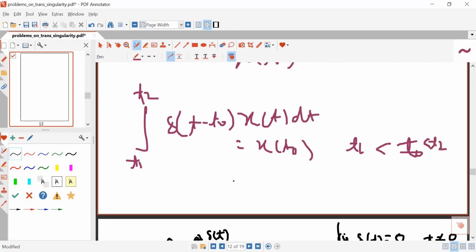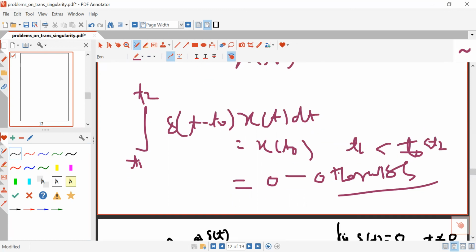Otherwise, the value of this integration will be 0. So you must remember, you have to check the amount through which the impulse signal is shifted, suppose the amount is t naught, and check whether t naught lies between the lower and upper limits of the integration or not. If it lies, then it will become x(t naught), otherwise it will become 0.